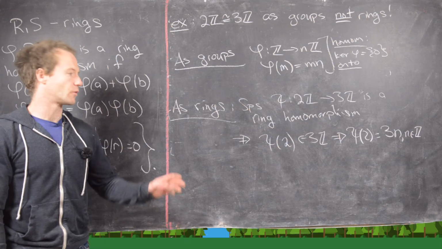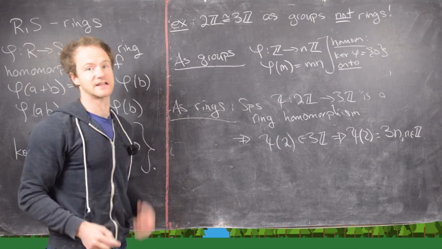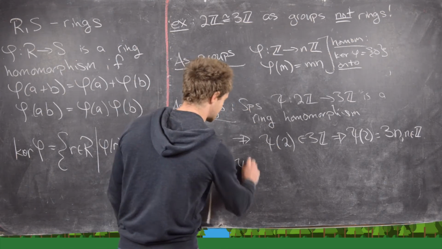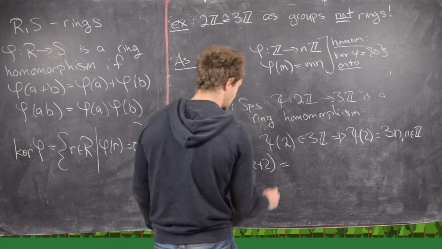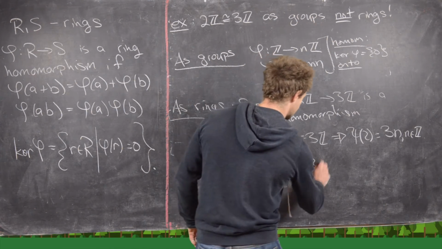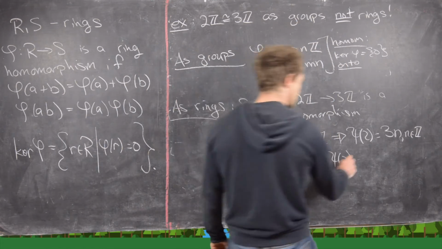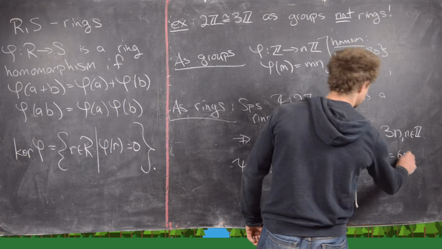Okay, now we're going to do two things. We're going to use the fact that 2 times 2 is the same thing as 2 plus 2. So let's notice that psi of 2 plus 2 is going to be equal to psi of 2 plus psi of 2. But that's going to be equal to 3n plus 3n, which equals 6n.